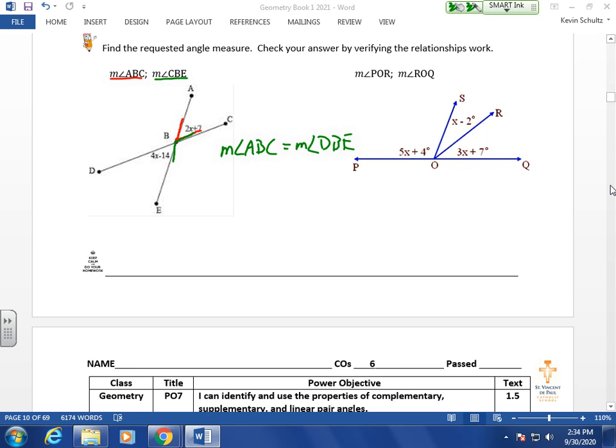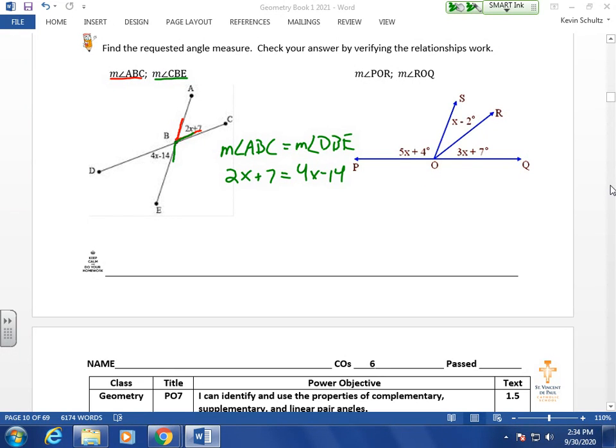And the value that we've been given for ABC is 2x plus 7, and the value that we have for DBE is 4x minus 14. Lo and behold, we have an equation that we can now solve, right? 2x plus 7 equals 4x minus 14.